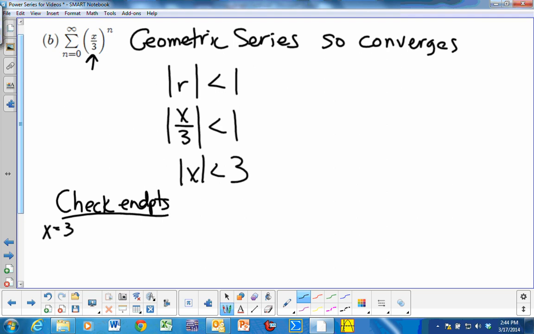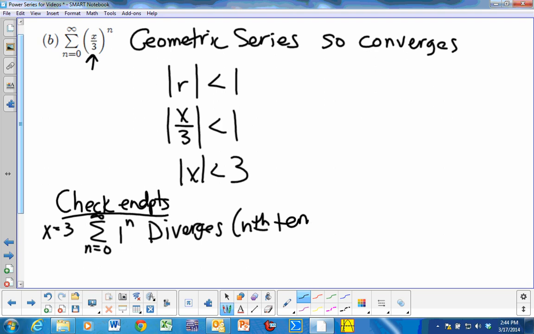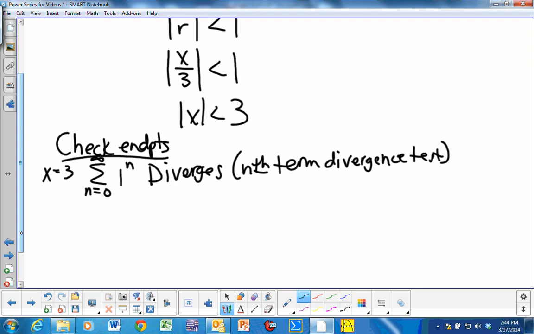So let's check x equals 3 first. So you'll have the sum from n equals 0 to infinity. If you plug in 3, you'll have 3 over 3, which is 1 to the n, which diverges. And that's easy to tell. Just do the nth term divergence test. You can tell that very easily because you take the limit of 1 and you get 1, which is certainly not 0.